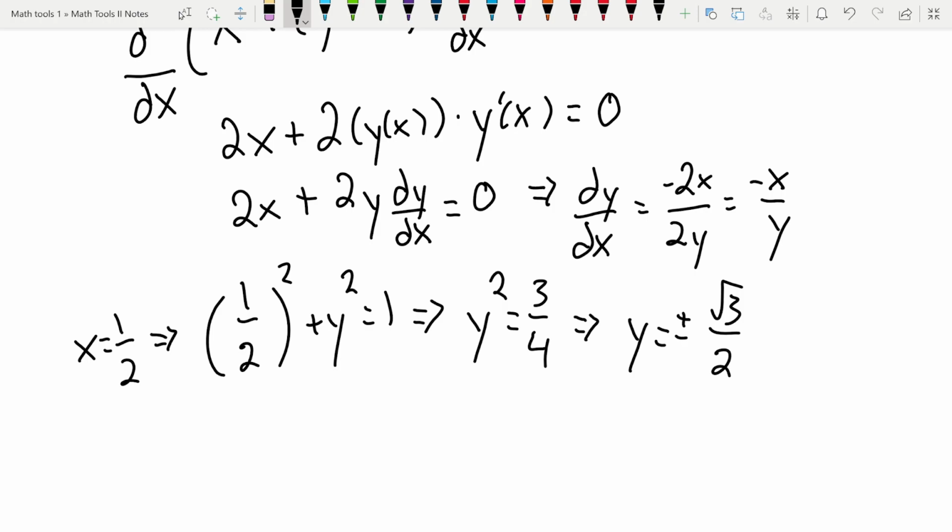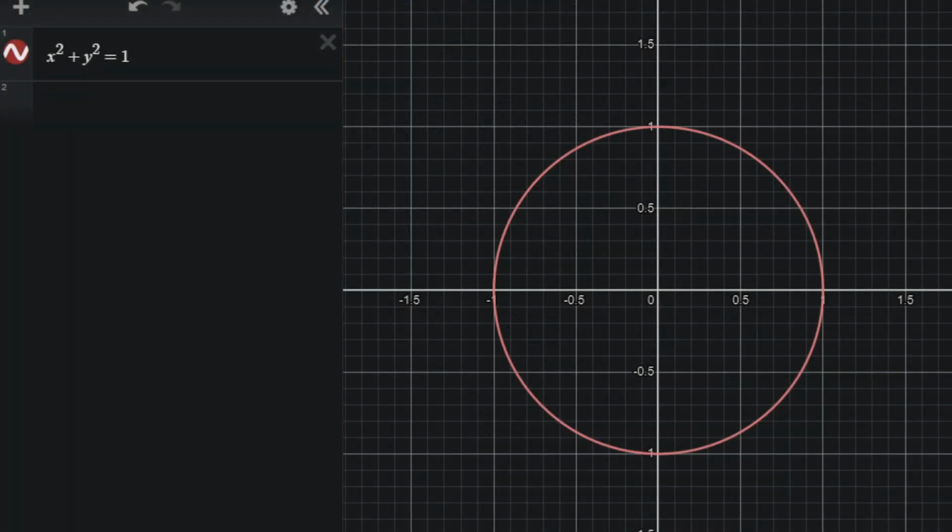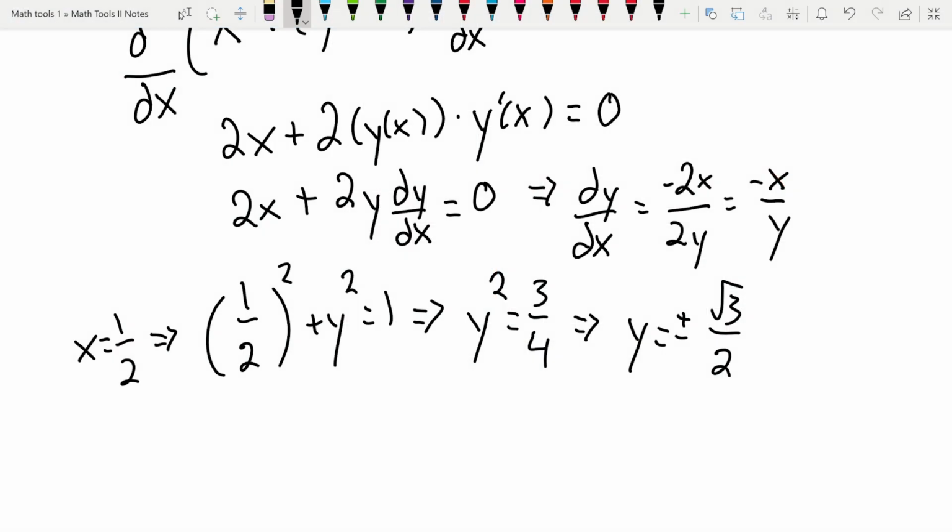So the plus or minus part is where, on the graph, we saw that at x, we of course have two different y values, right? And that's what's making it not a function. So we can go ahead and look at both of these points. Okay.